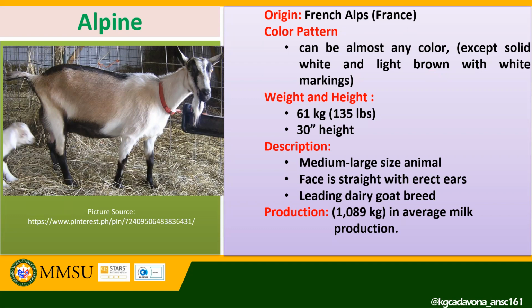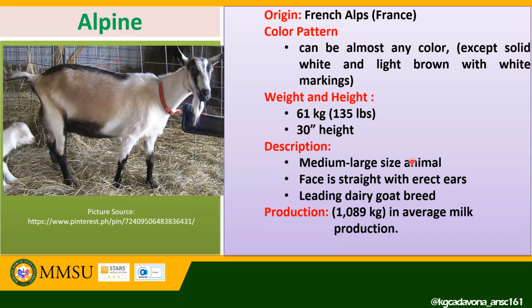For the height and weight, the Alpine is usually on average 61 kilograms in the lactation period and 30 inches in height. Then the main characteristic of the Alpine, which is different from the other dairy goats, is its medium to large size with a straight face and erect ears, because the others later on have drooping ears.